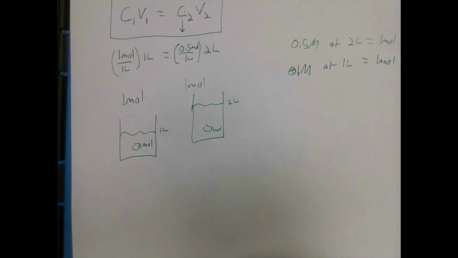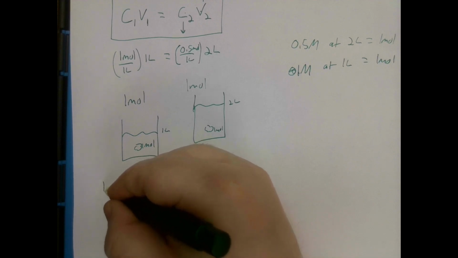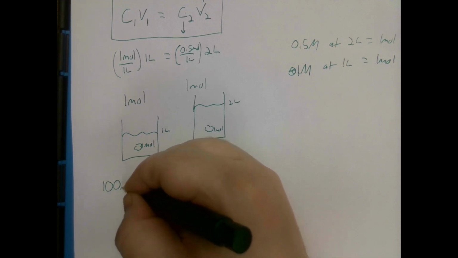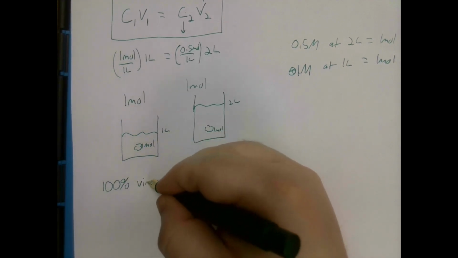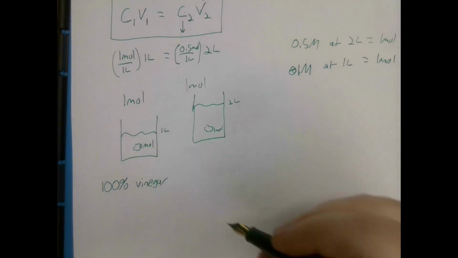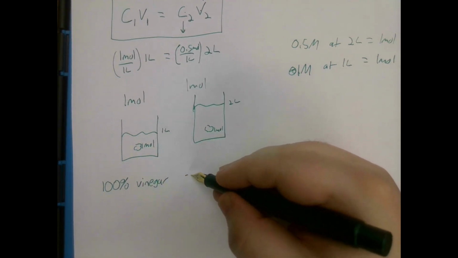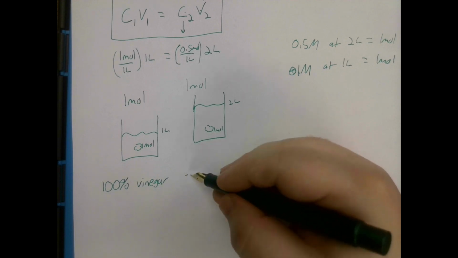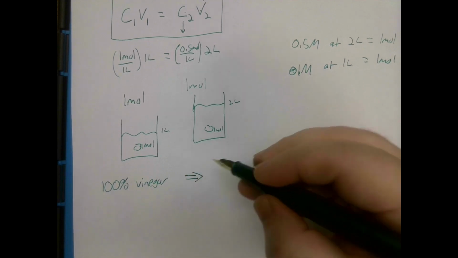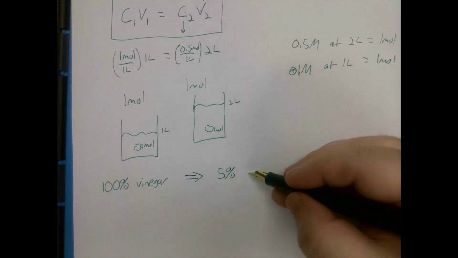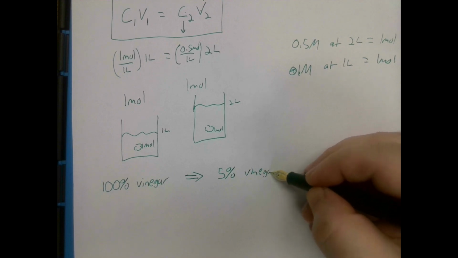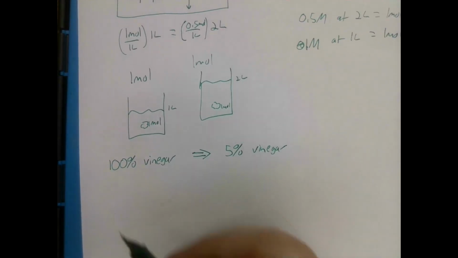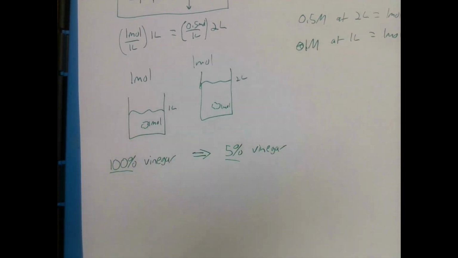So, for example, if I had 100% vinegar, and I wanted to make food grade vinegar, the stuff I could cook with, I wanted to convert it into 5% vinegar. As long as these concentrations are the same type, it doesn't matter what the concentration unit is.